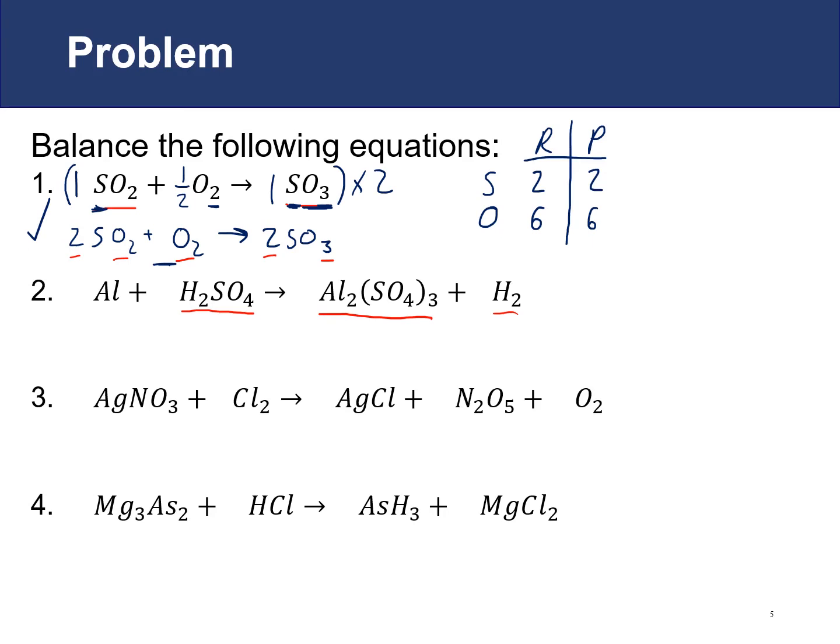So when deciding which one of these to use, I have a choice of either the second one or the third one. Both of these have 3 different types of elements. Looking at it, I would select the one on the right-hand side because it has more SO4s on it, and this will help prevent having to work with fractions.